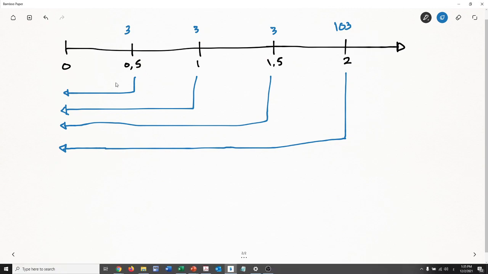So again, here we will have 5%. So I'll discount using the 5%. And here I will use my 5.8%. And then the 6.4%. And then I will discount the 103 using the 6.8%.